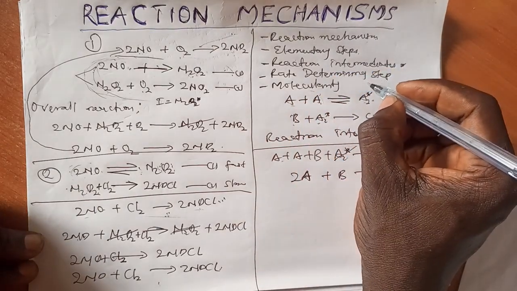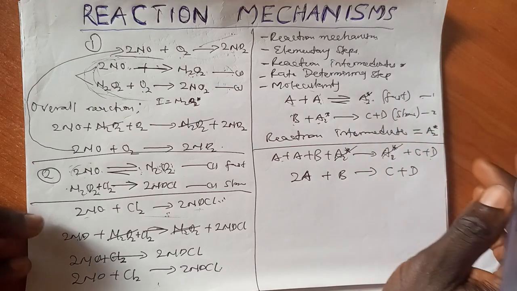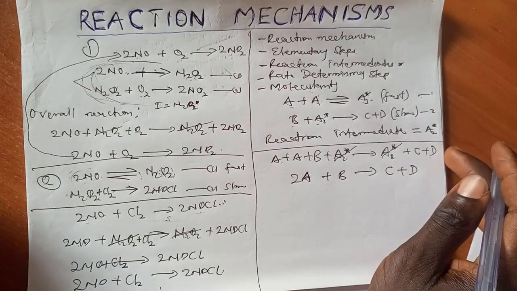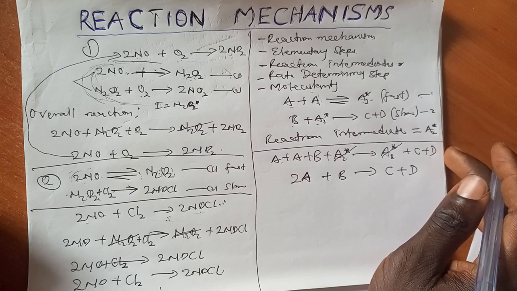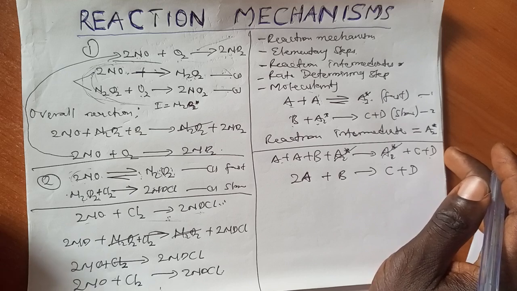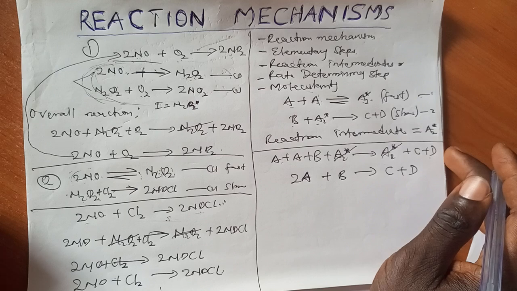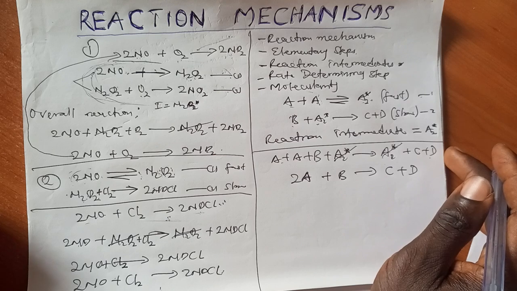The molecularity of a reaction is different from order of reaction. The molecularity of a reaction is the number of reacting species which collide simultaneously to bring about a chemical reaction. Molecularity is determined theoretically, and it is always a whole number.